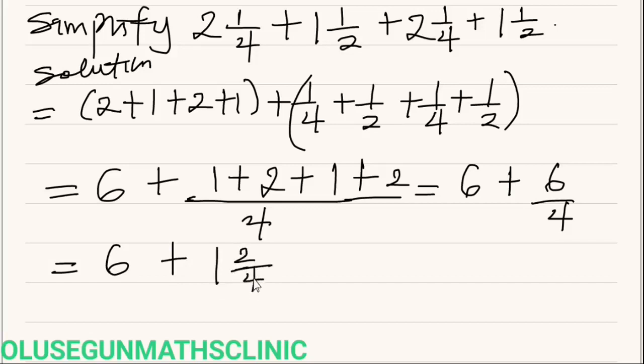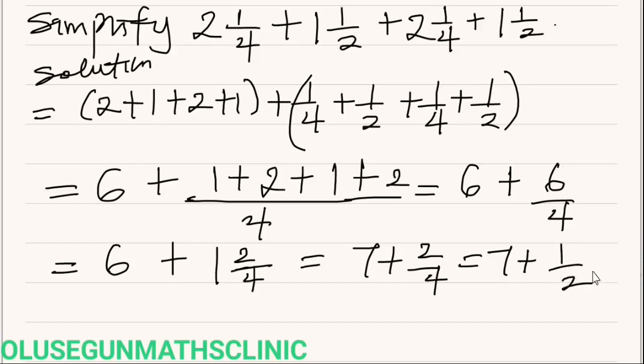It can still be reduced. So 1 plus 6 will give us 7 plus 2 over 4. Meaning that the final answer will now be 7 plus 1 over 2.